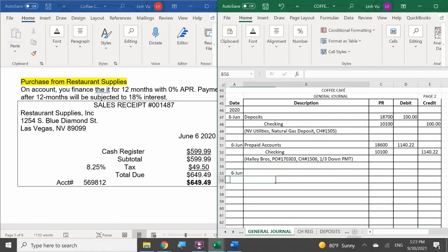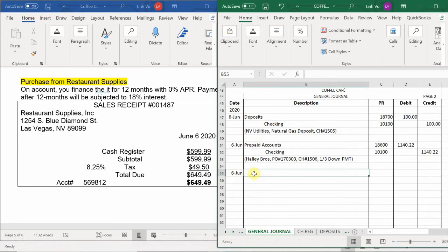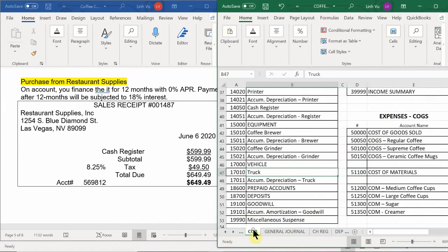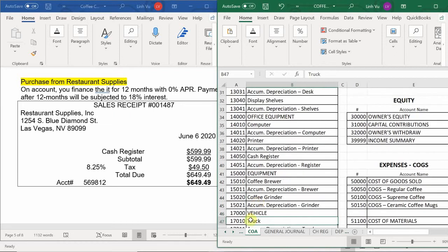It's a purchase, no? It's a purchase of what? What did I buy? A register. Do I have an account for a cash register? I think so. Let me see. Yes, we do. What account number is that? Let's see, cash register. No, it's not that one.